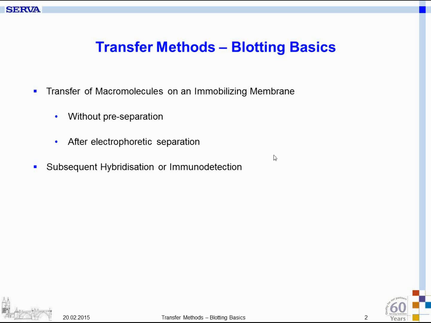But most of the blotting methods are performed after electrophoretic separation of the nucleic acids or the proteins, and then you have the macromolecules on the surface of a membrane, no longer in the gel. And so then you can perform hybridization in the case of nucleic acids, or immunodetection or similar detection methods for proteins.